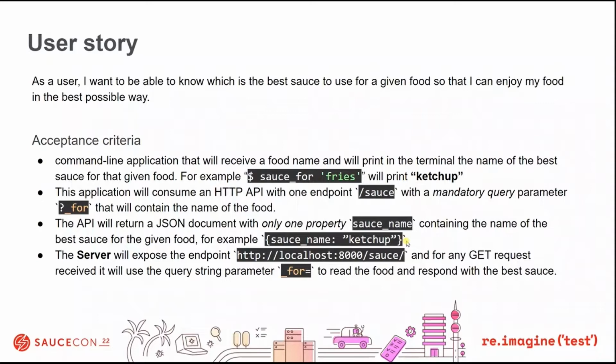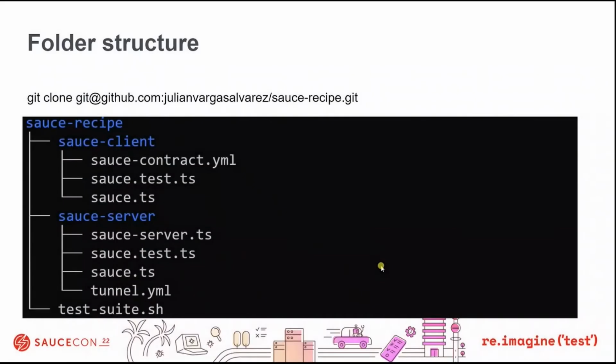And finally, there will be a server that will expose the endpoint 8000/sauce for any GET request, and based on the parameter f, it will read the name of that particular food and return the best sauce for the given input.